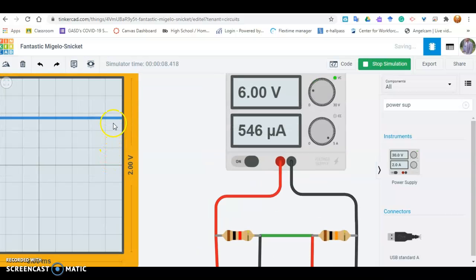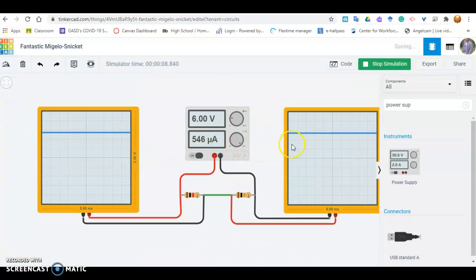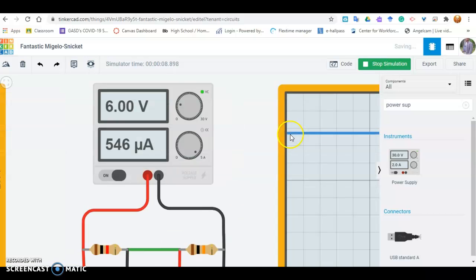If you count the number of squares vertically from 0, there's 1 square, 2 squares, not quite 3 squares. 3 squares would be a 0.6 reading, and this is specifically going to be 0.5454 volts. The difference is seen right here. So here's our total 6 volts applied.